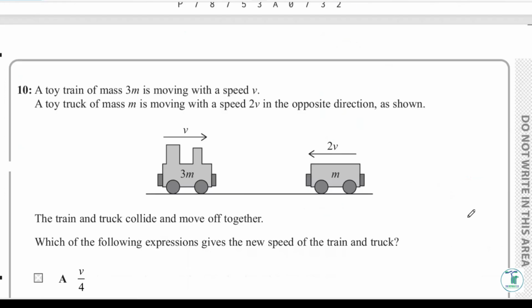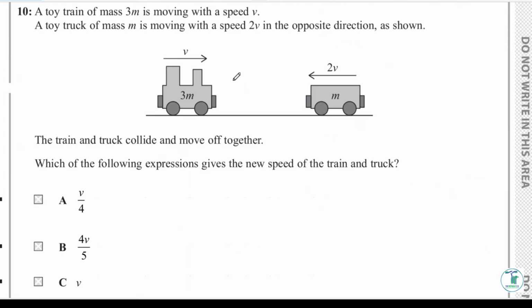At the end of the day, you've got this question with the 3M truck moving with a velocity v. This is the mass M truck. The velocity is 2v. We need to find which of the following expressions gives the new speed of the train and truck, right? So, first of all, the initial momentum of this object, let it be 3mv. Now, since this truck is moving in the opposite direction, this should be minus 2mv.